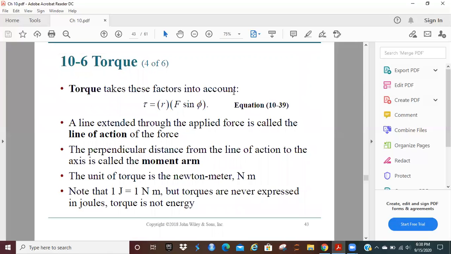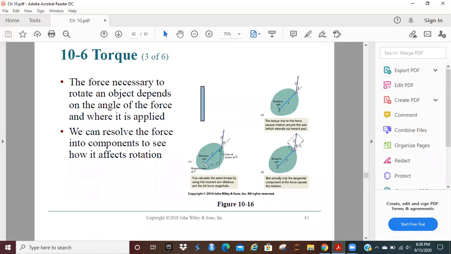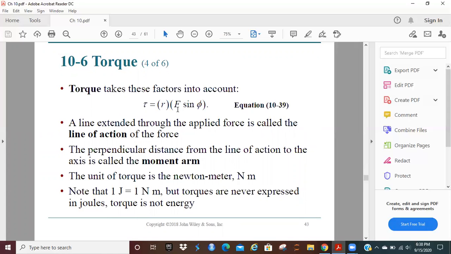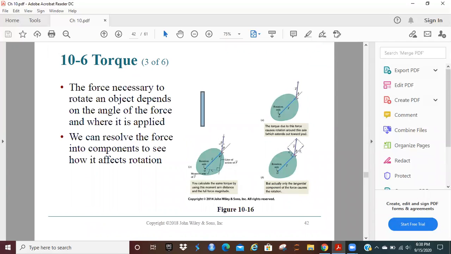So torque takes these factors into account. So the torque is going to be equal to R, the rotational radius, times F, and then times the sine of the angle that is in between those two.